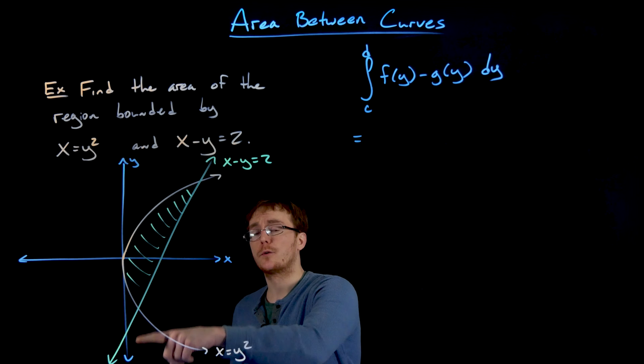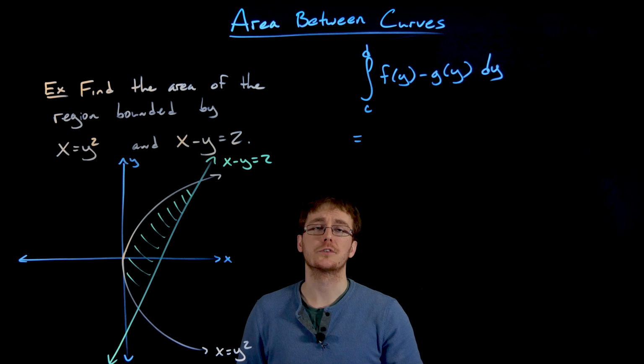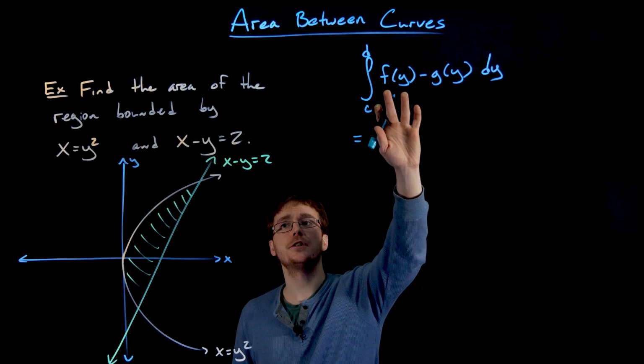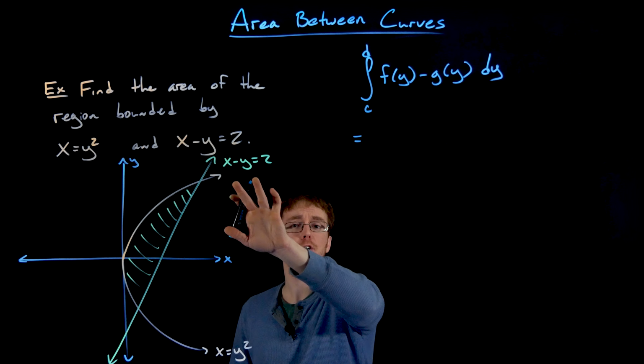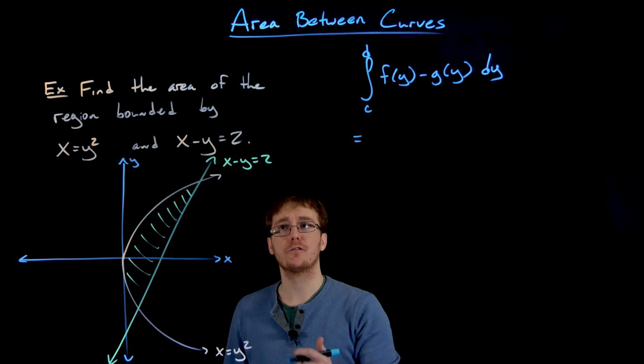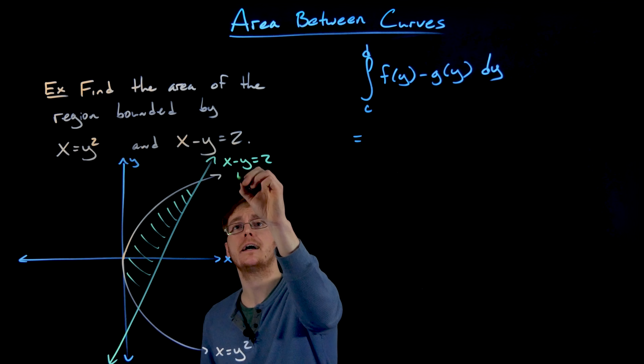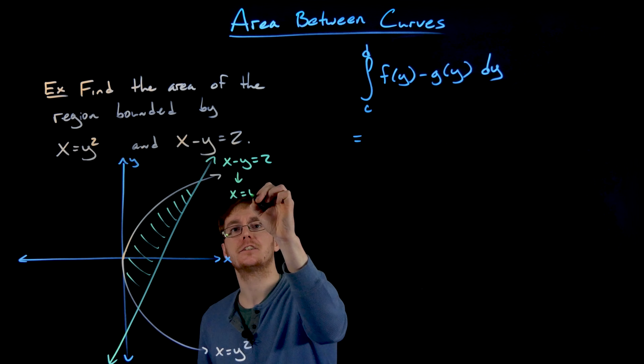And so our curve on the right is our green curve given by this linear function x minus y equals 2. But as we can see with this notation here, we have to describe this curve and its equation as a function of y. So that means we need to solve for x and express x in terms of just the variable y. And so we can add y to each side.